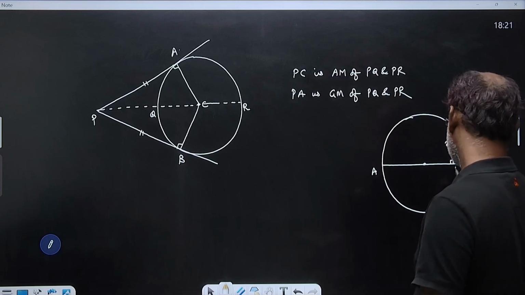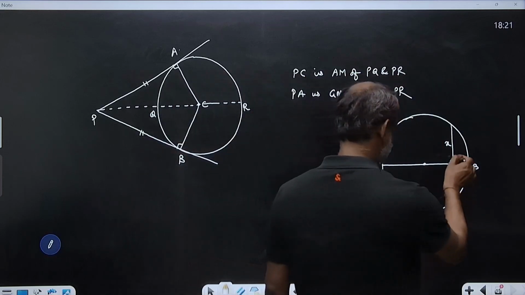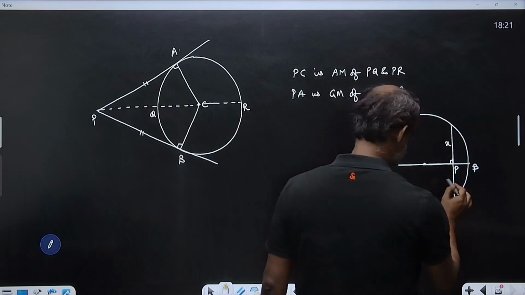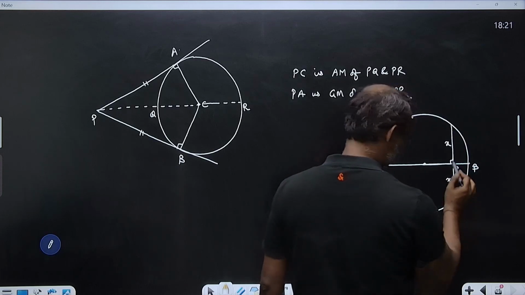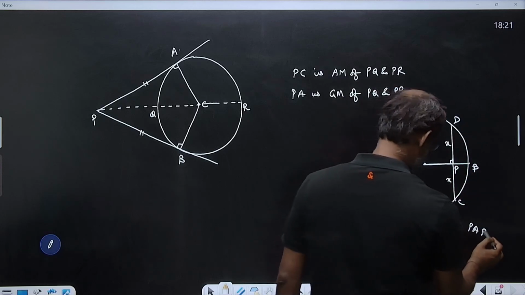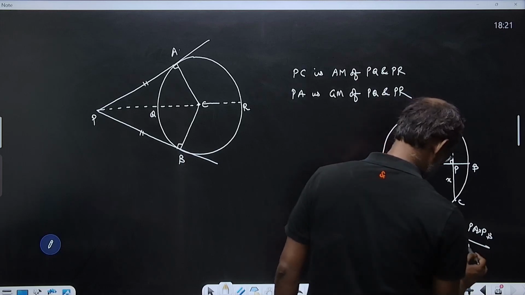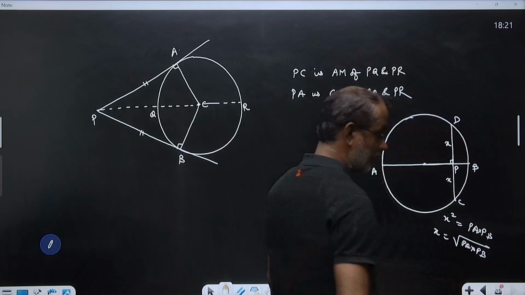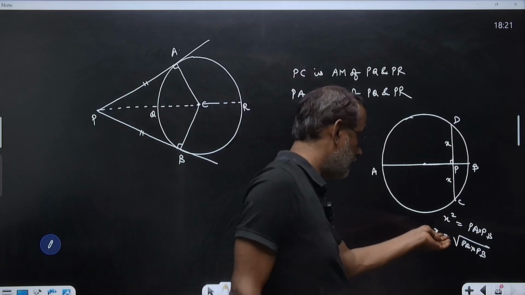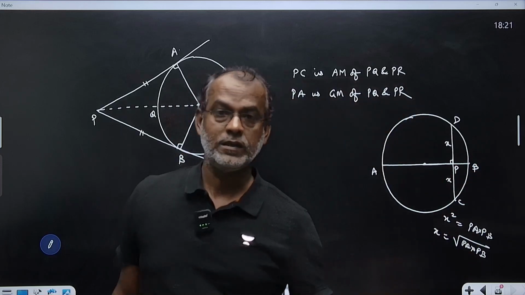X. You simply extend it and say the perpendicular from the diameter bisects the chord, so this is also X. So X square is PC into PD, which is PA into PB. So what is X? Root of PA into PB. So the term geometric mean, where the geometric mean of A and B is root AB, is named because in a geometrical situation this is what appears. That is why it is called geometric mean.